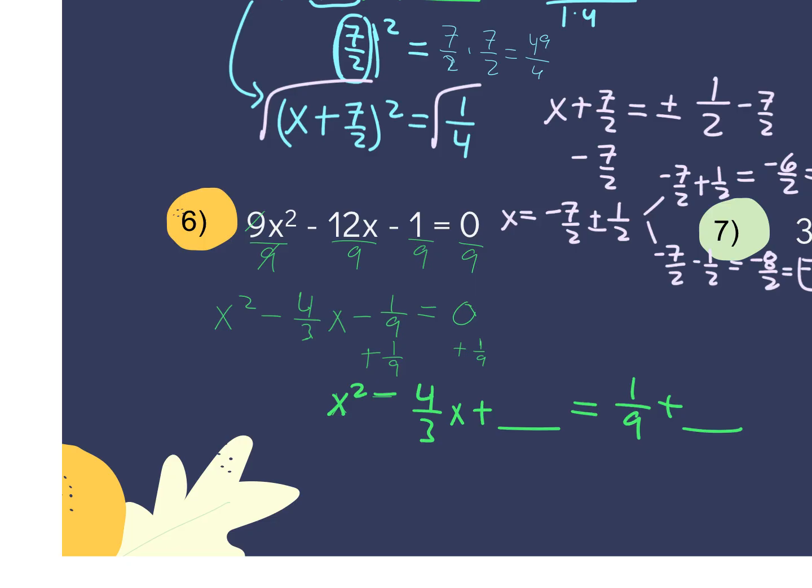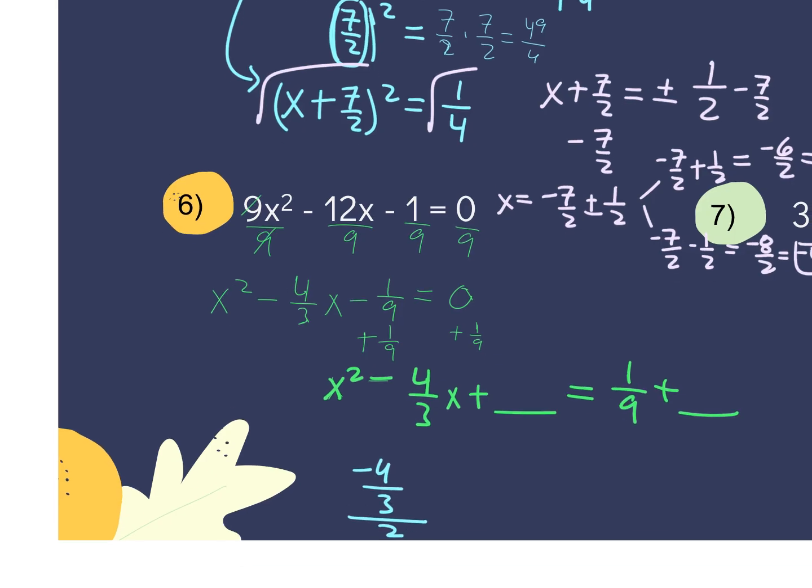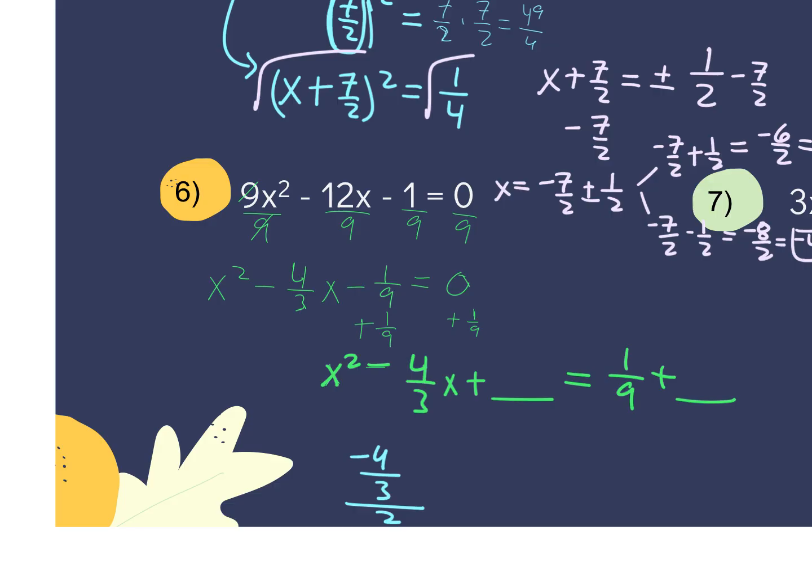And now this time it's a little different with the b over 2 squared. Because when I do negative 4 over 3 over 2, how am I going to simplify that? Either how do I simplify it like this, or what's another way I could write it? Okay, yeah, good.